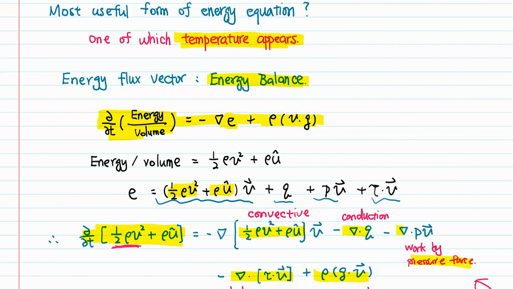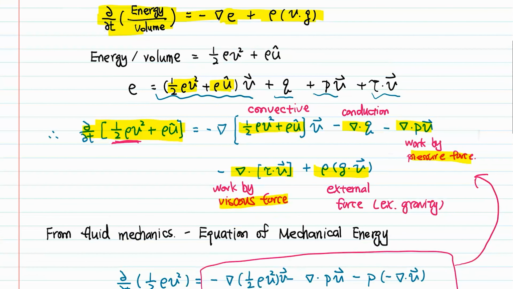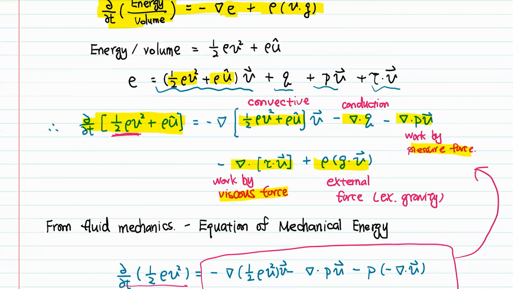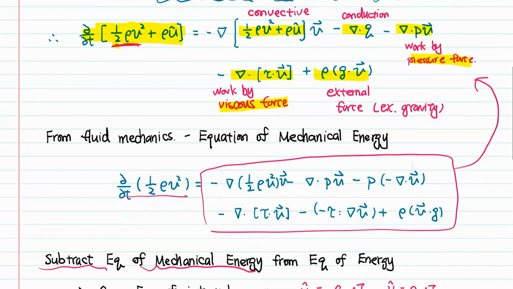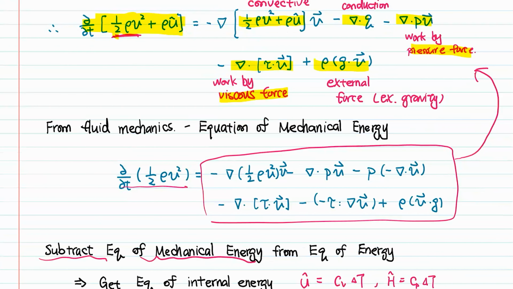Okay, and then because we said that our objective is to get an energy equation that's associated with temperature, right? We can take away the mechanical energy part by subtracting the equation of mechanical energy from the equation of energy. And we know this equation of mechanical energy from our fluid mechanics, which is written down here. Okay?